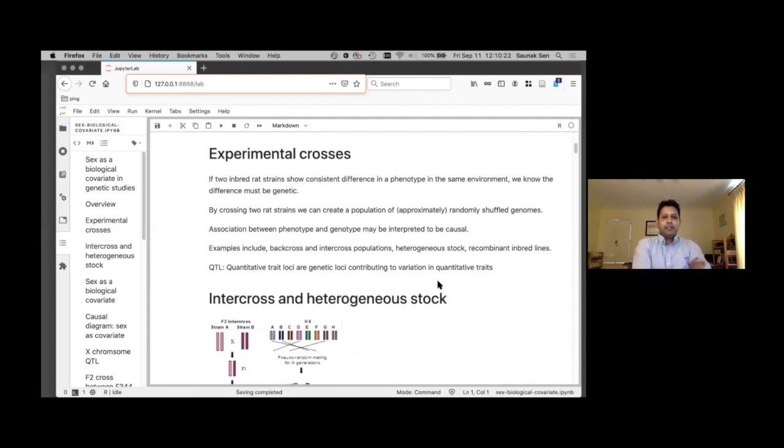So a brief overview of what QTL studies or experimental crosses are and what they mean for us.